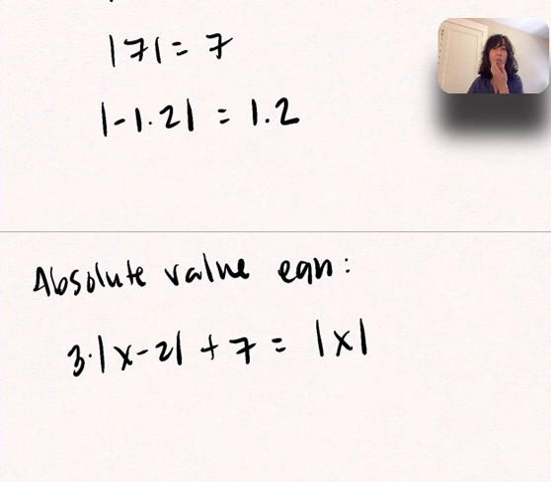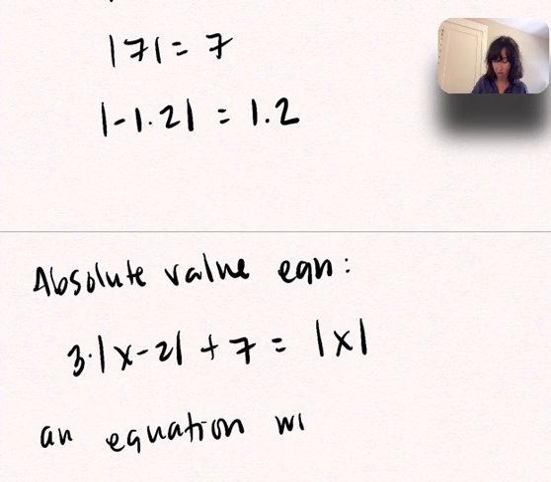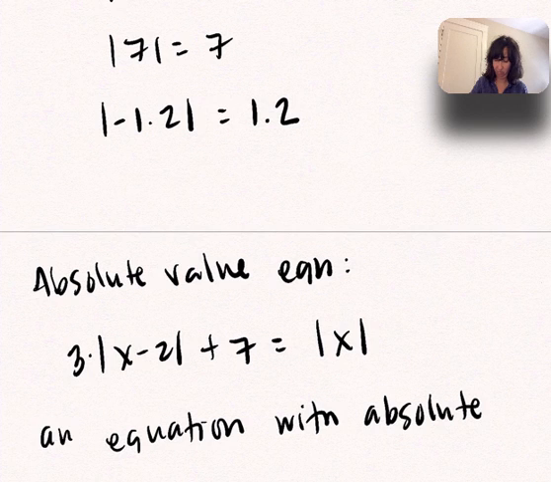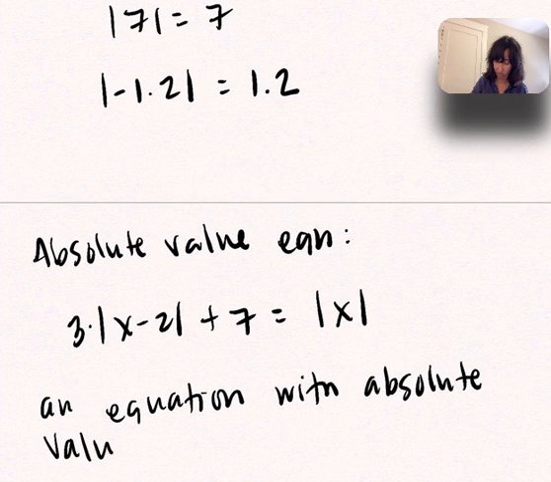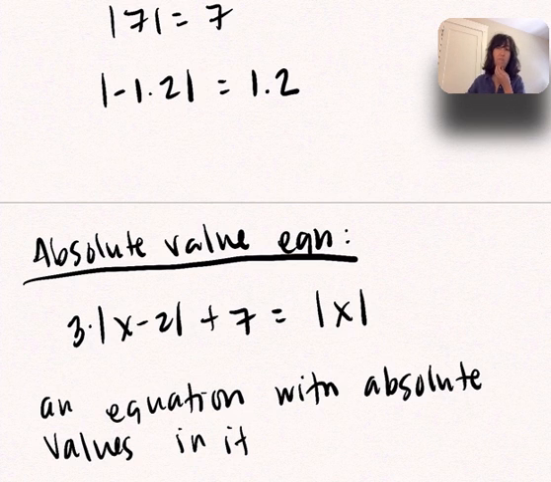So an absolute value equation is an equation with absolute values in it. And that's an absolute value equation. So let's take a look at a rather simple absolute value equation and talk about what its solutions are. In other words, what x's satisfy it.